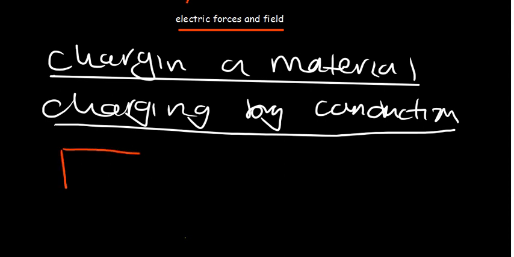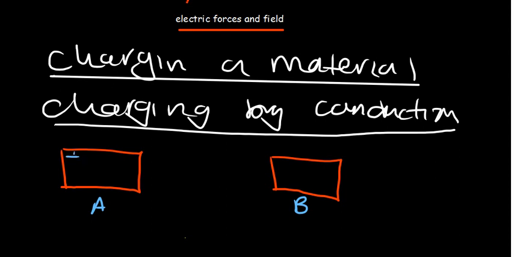I have a material and I have another material, so I'll say I have material A and material B. We know that inside there, let's say maybe this is positively charged, then we have a neutral atom that side.